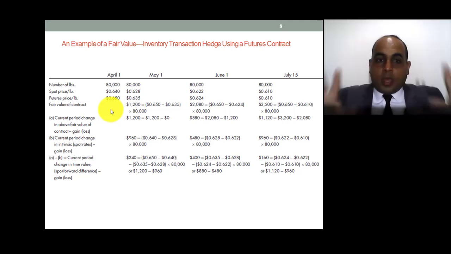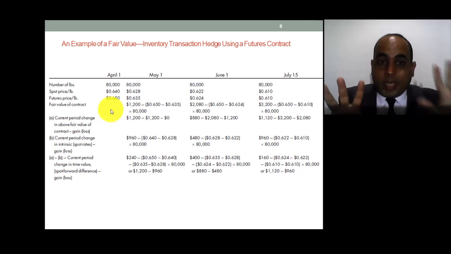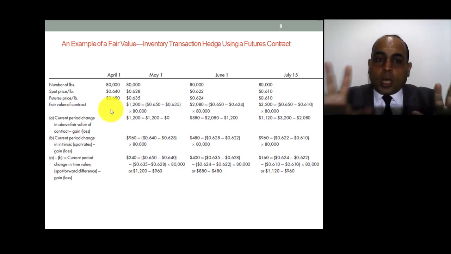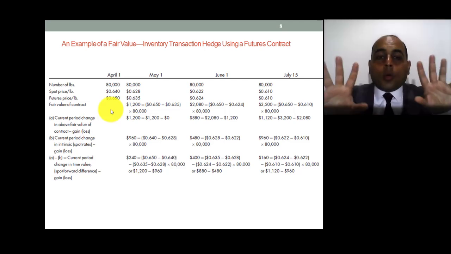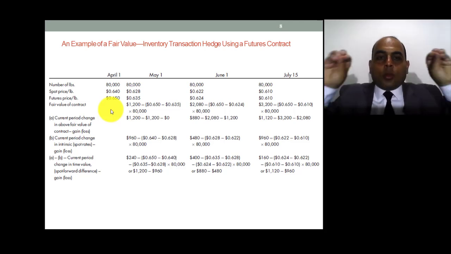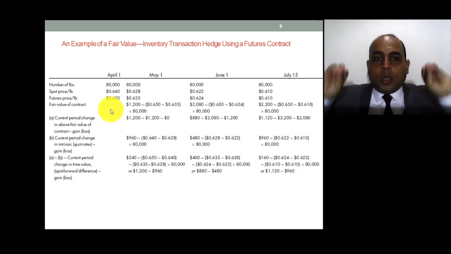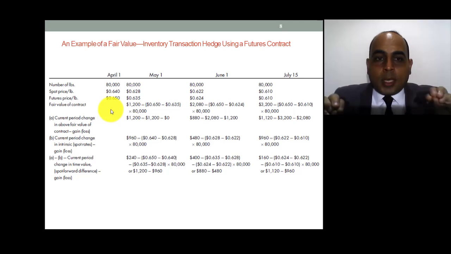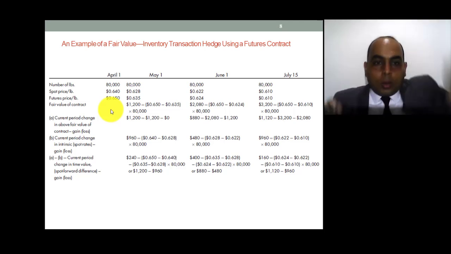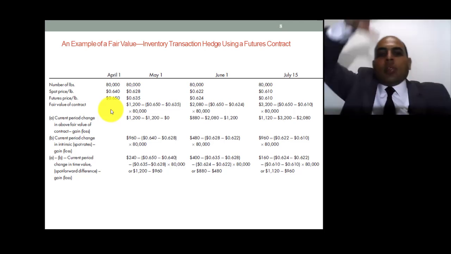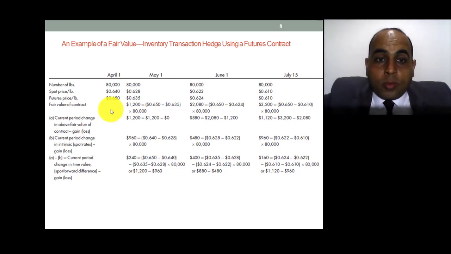Because the inventory is associated with a future contract, we will calculate the amount of gain or loss because of the fluctuation of the prices on the amount of inventory, and also on the amount of the future contract.